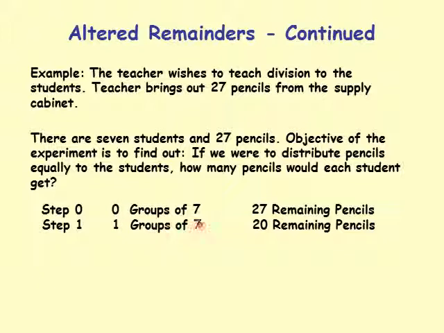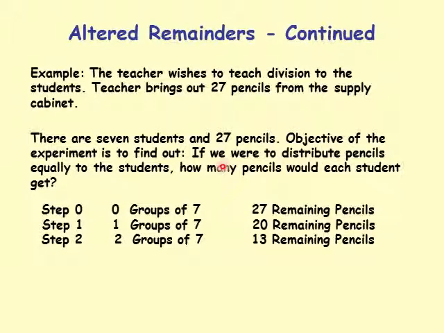There are 7 pencils in this group and 7 students, so we can give out 1 pencil each equally to the 7 students. After we extracted 7 from the pencils, we have 20 remaining pencils. So at step 1, we get one group of 7, and if we distribute 1 pencil to each student, we would have 20 pencils left.